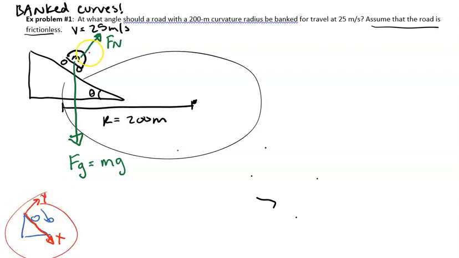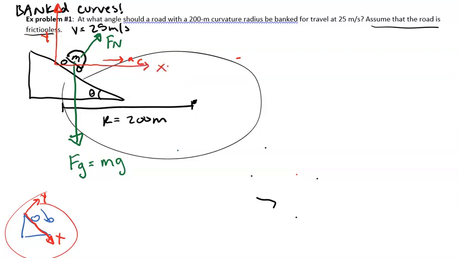Let's think about what direction the acceleration is in this case. It's not moving up and down the ramp. We don't want the car to slide, but it is moving in a circle. So the direction of the acceleration is just going to be towards the center of the circle. Because of that, we are going to use a new coordinate system. The y direction is perpendicular to the acceleration, and the x direction is what we normally say is x direction.